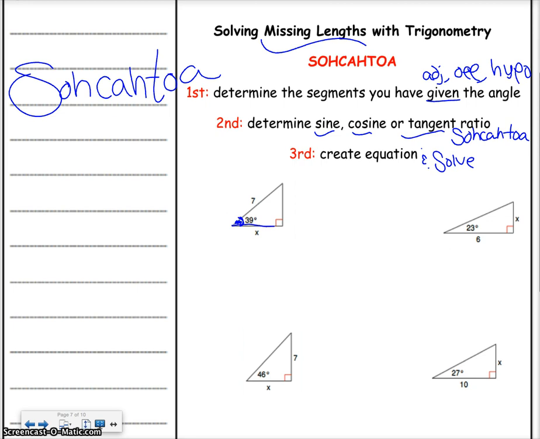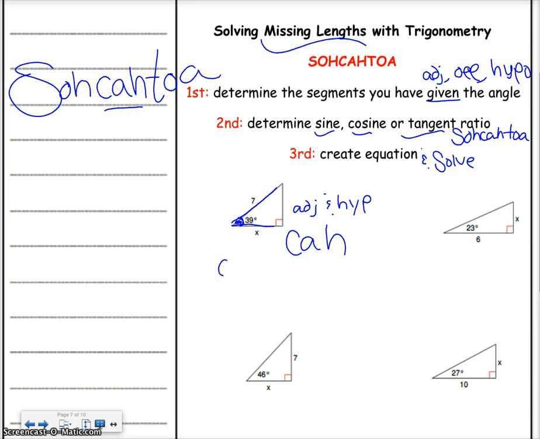Well, I have an adjacent and I have hypotenuse. Which one has adjacent and hypotenuse? Sine is opposite over hypotenuse. Adjacent and hypotenuse is cosine. So, I'm going to use cosine.